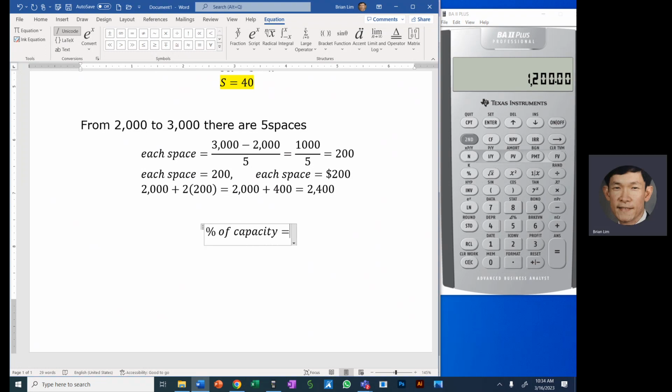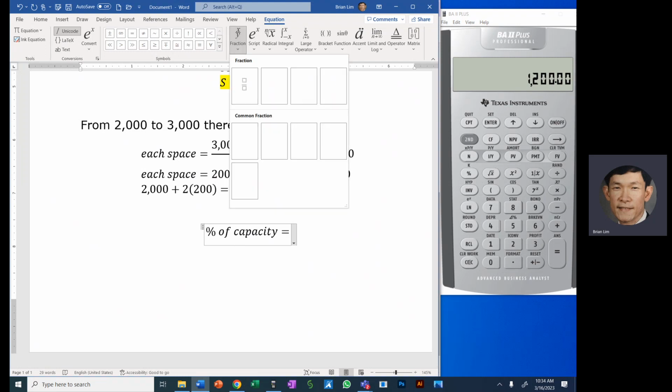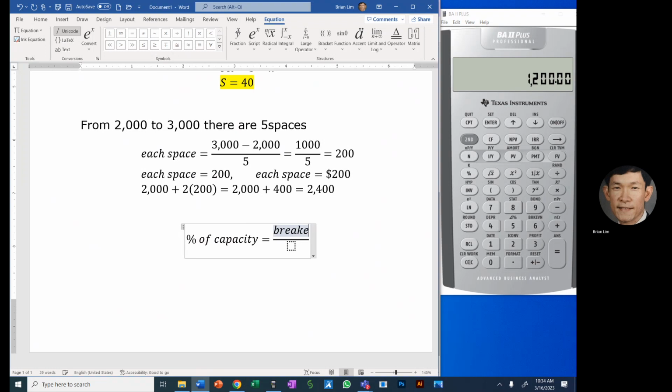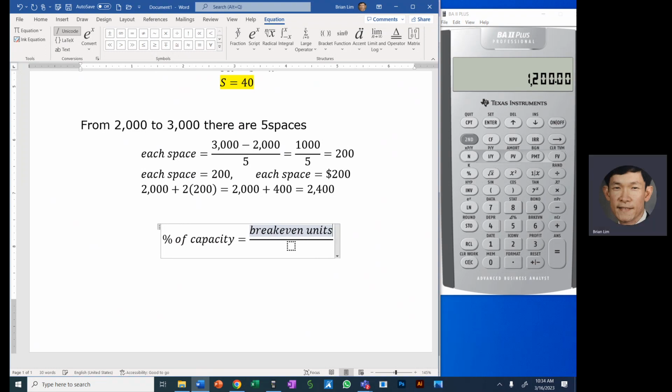So that's equal to what? So you have to get the break-even unit. All right. We can put it, maybe let's use this form. That might be better. So we have the break-even unit, all right, divided by capacity. And then we go times 100. And that will give us the percent.